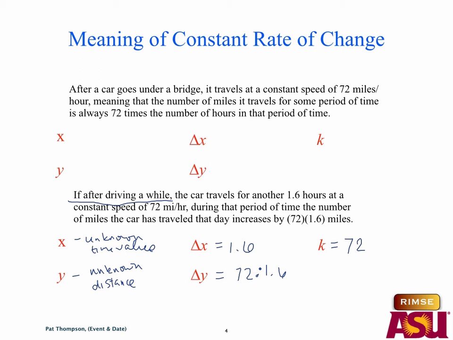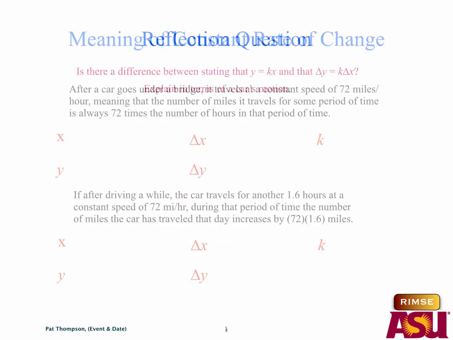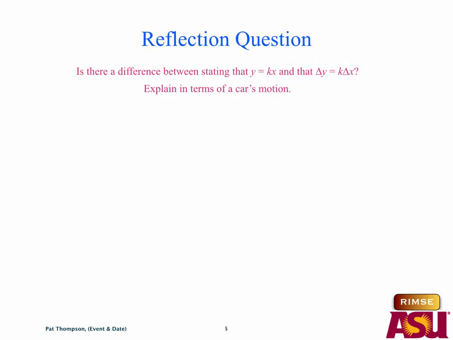I mean, you could, but if you leave it this way, then I can see your process, which is nice. When we're asked why, is y equals x times k the same thing as what you just said? Is there a difference between stating that y equals kx and that delta y equals k delta x?